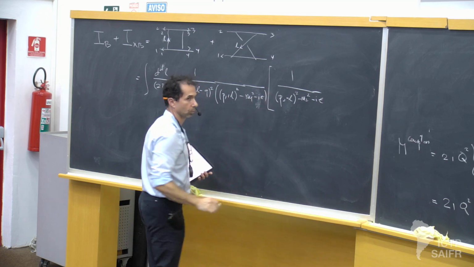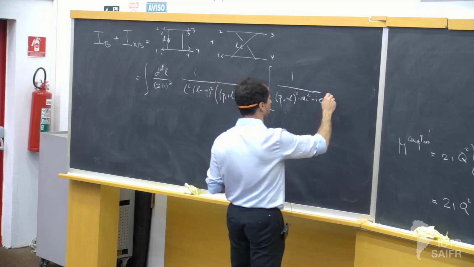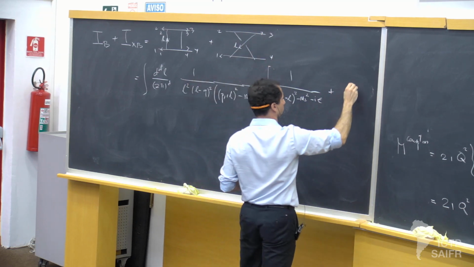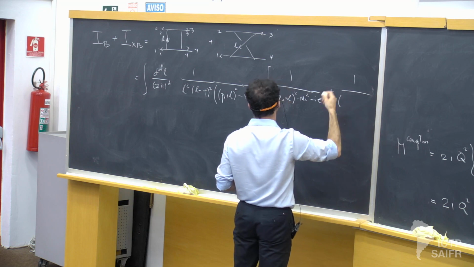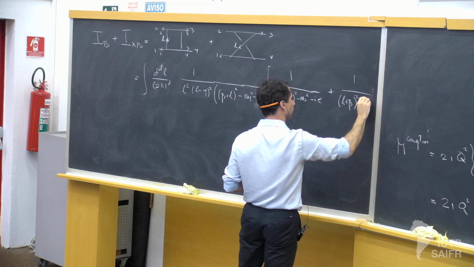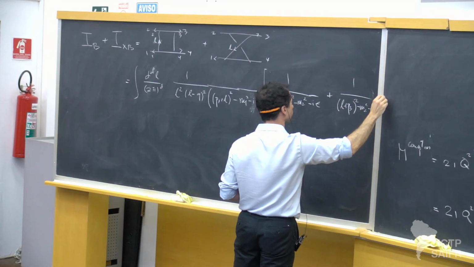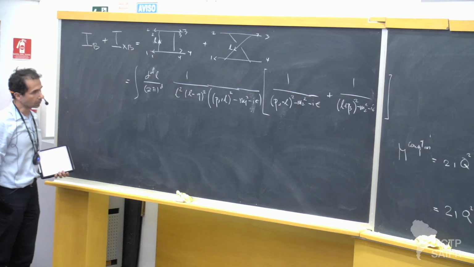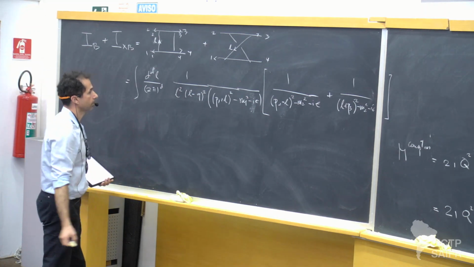This is actually quite important, the minus iε. And then here there is 1 over (L plus P3) squared minus M2 squared minus iε. Okay. So now we get to proceed a little bit.